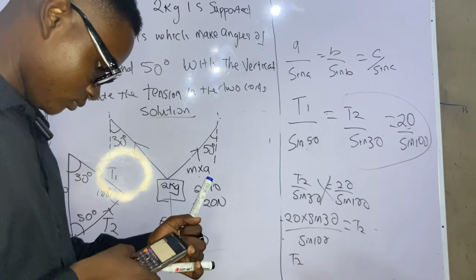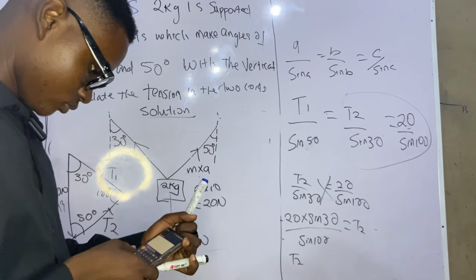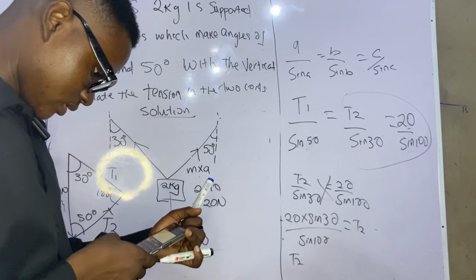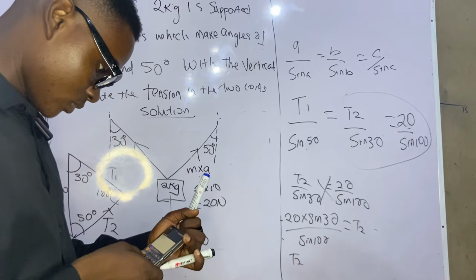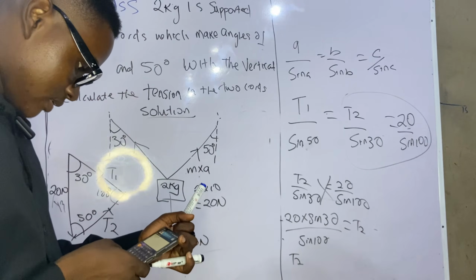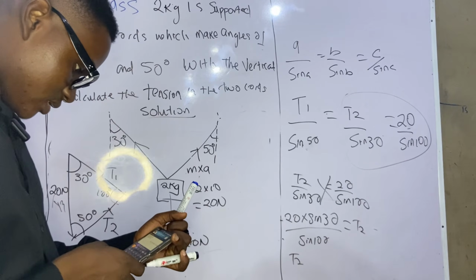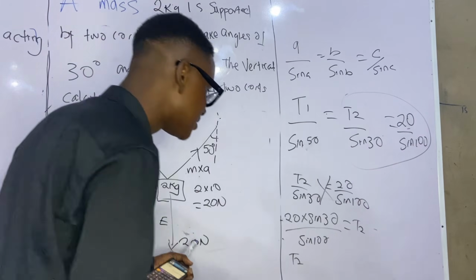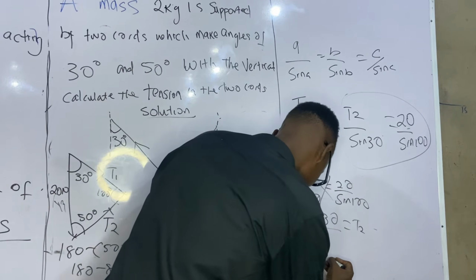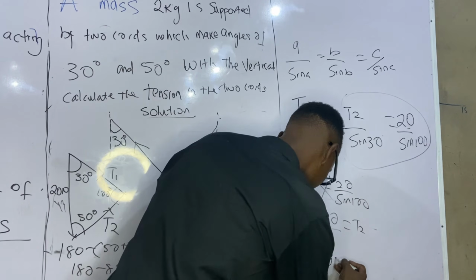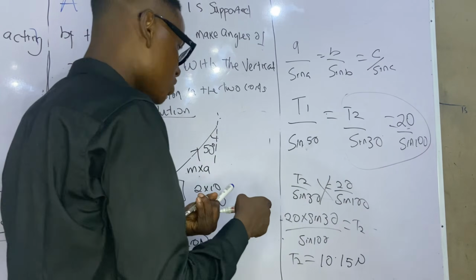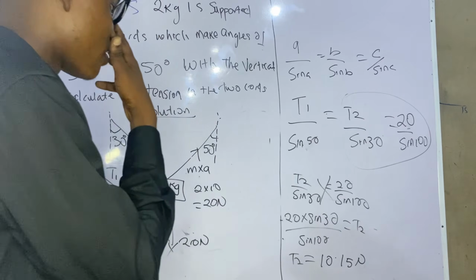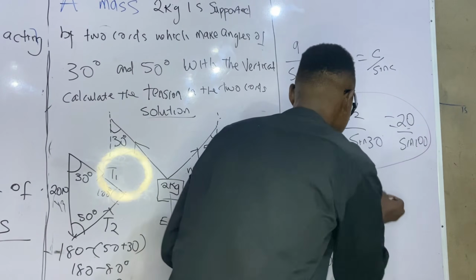So that will be 20 times sine 30, and sine 30 is 0.5, divided by sine 100. So T2 is 10.15 newton.